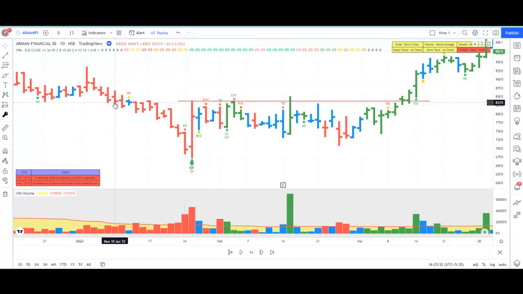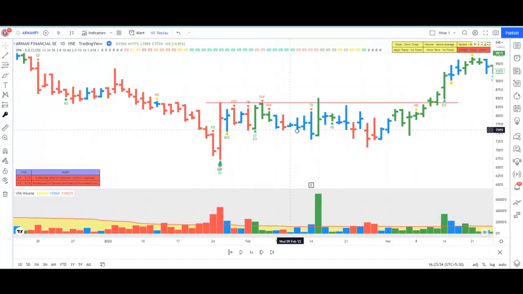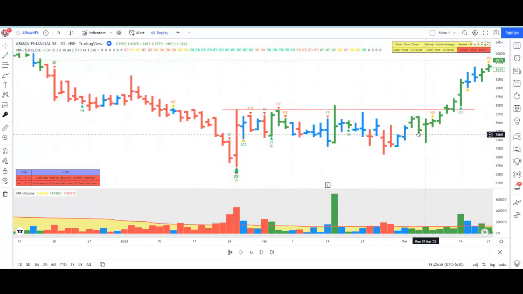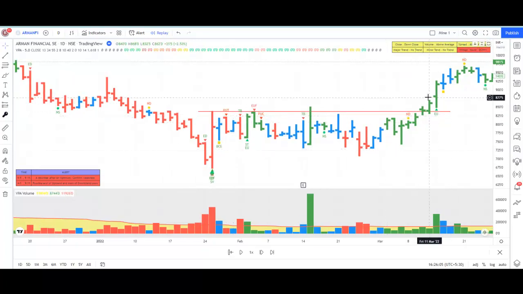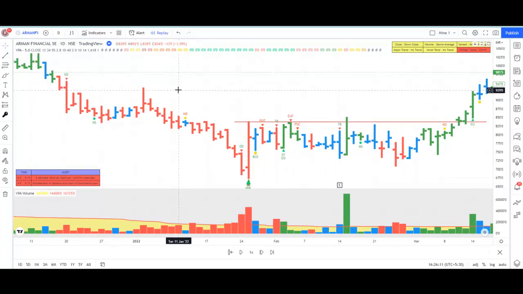The high of the reverse upthrust bar is important, and if there's a consolidation, a breakout above the high of the reverse upthrust bar could be a good entry point. Now let's move to another example.